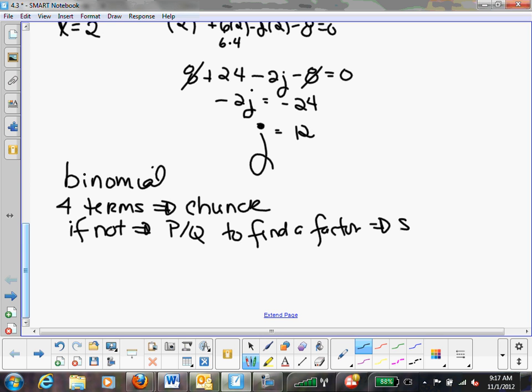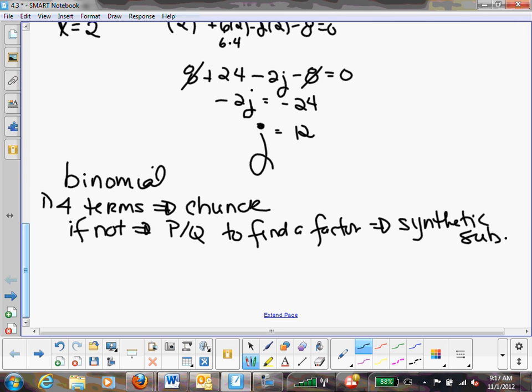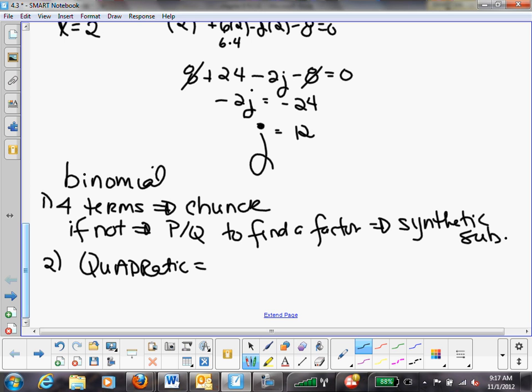Which means you're going to have to do synthetic substitution. Then when you bring it down to a quadratic, see if you can factor. Hopefully you can. I think today on this lesson, factoring will be what you'll be able to do.